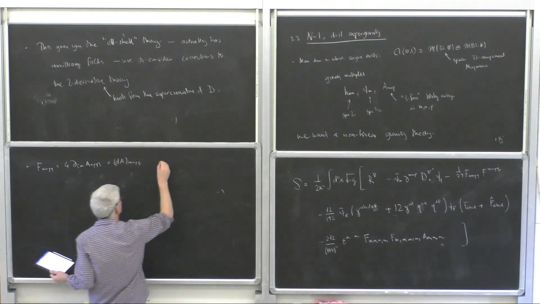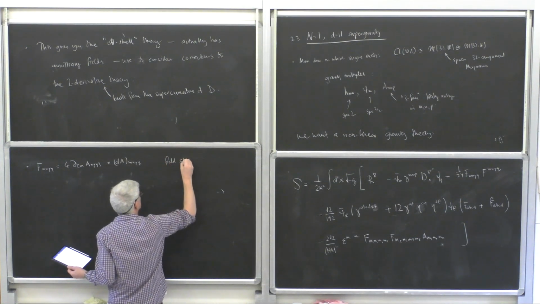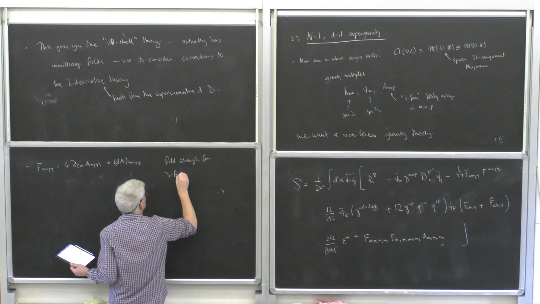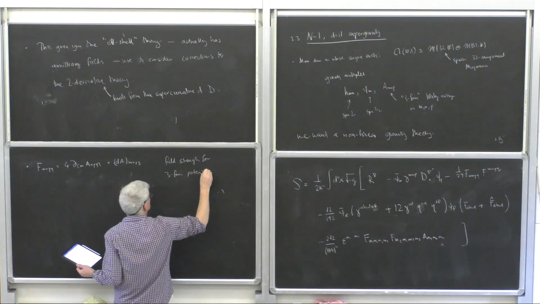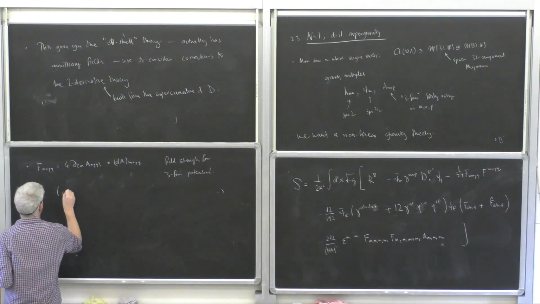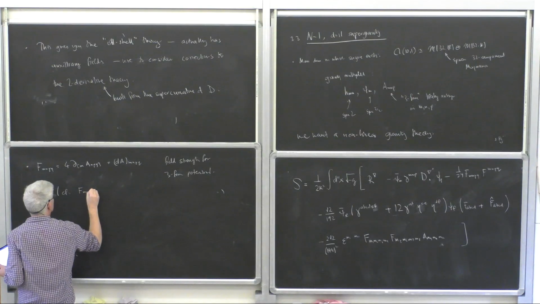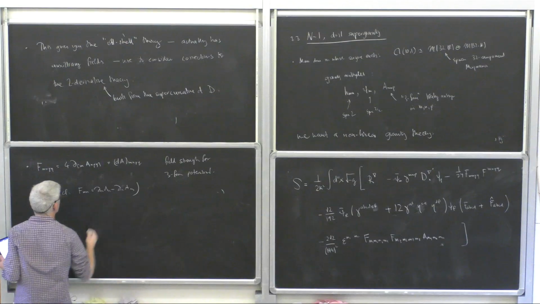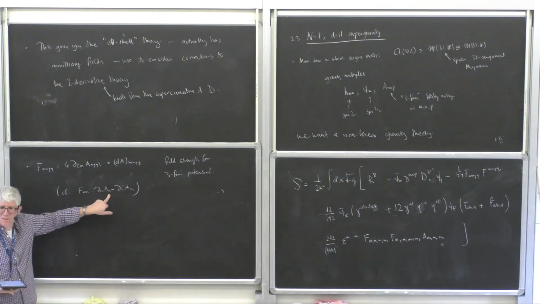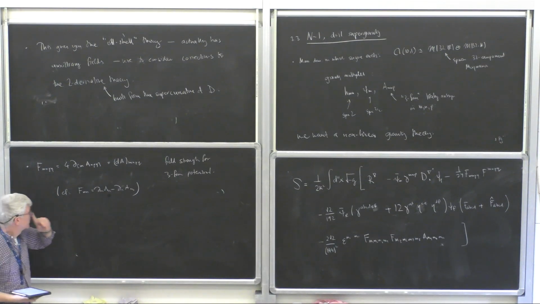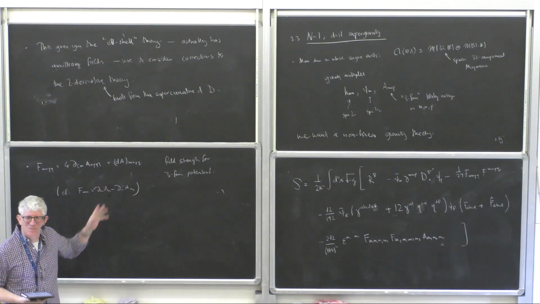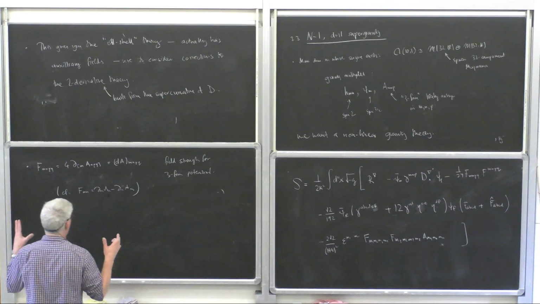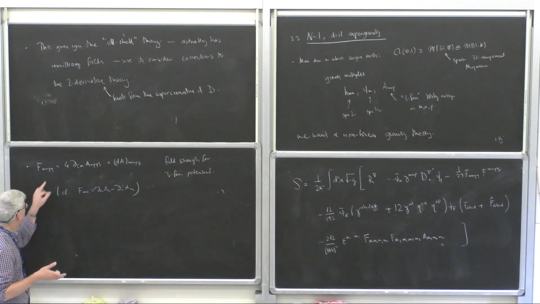This is like the field strength for a 3-form potential. So you should compare this with electromagnetism, which is a field strength for a 2-form potential. So you've probably seen these things before-ish. So this theory has something in it which is like the analog of electromagnetism, but now with more indices.